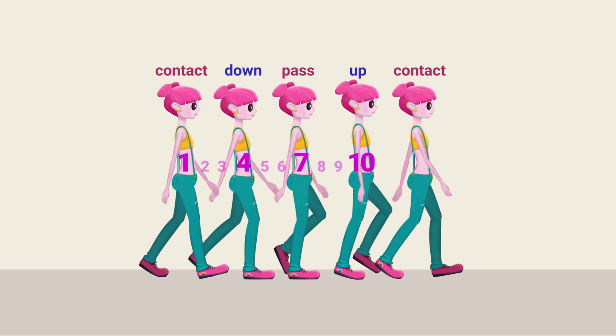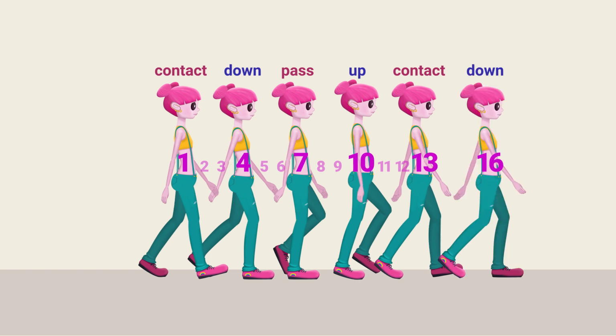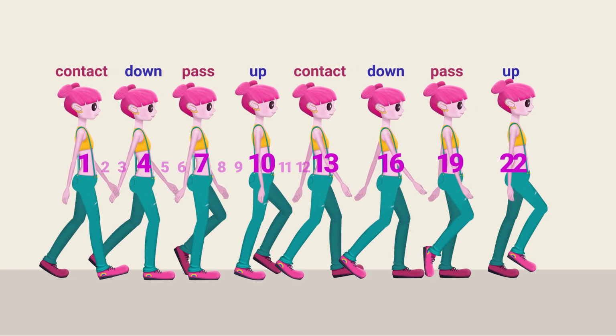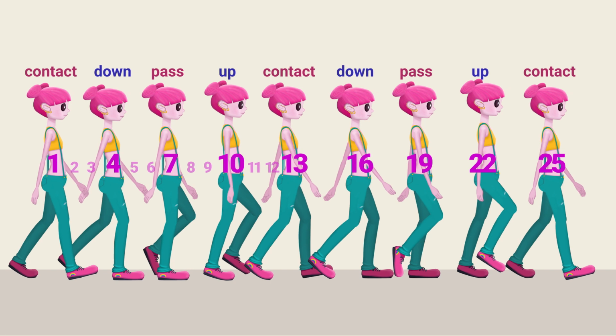Then frame 10 is the up pose, where the character's body moves up on her toe a little and the other foot is kind of preparing to land. And then back to the contact position on frame 13. Then the next down pose is on frame 16, then pass position at frame 19, then up again on frame 22, then back to the contact position that we started on, frame 25.